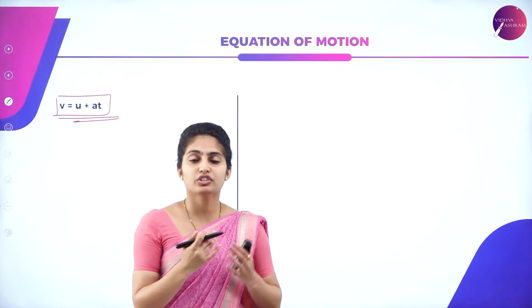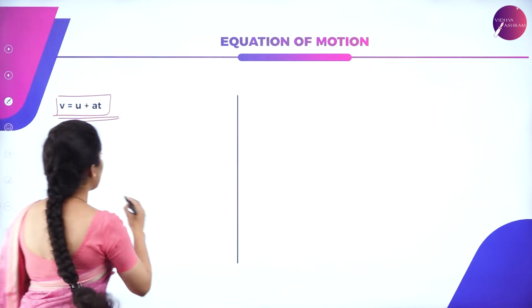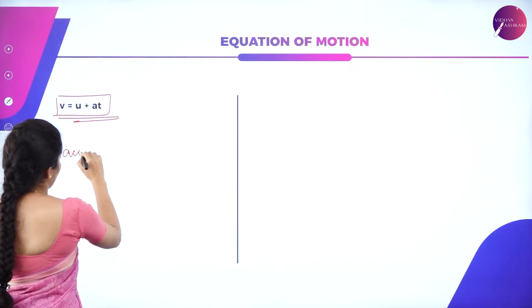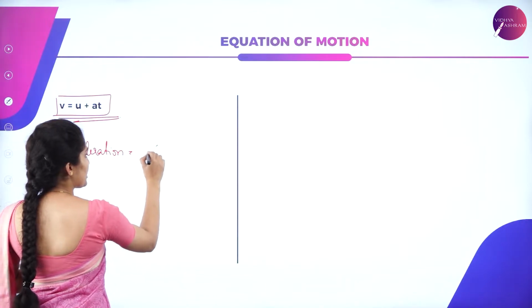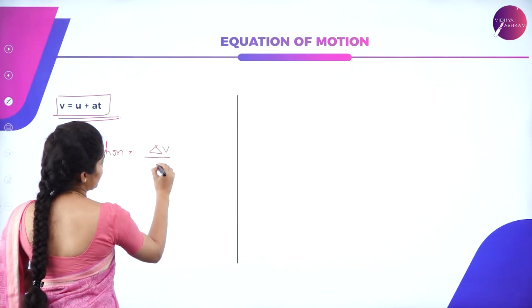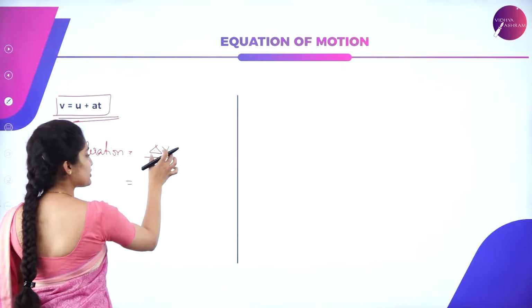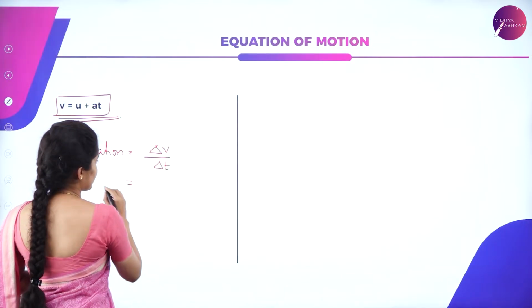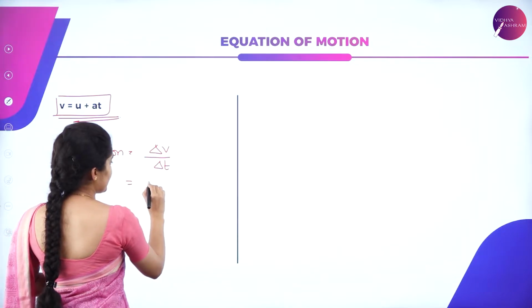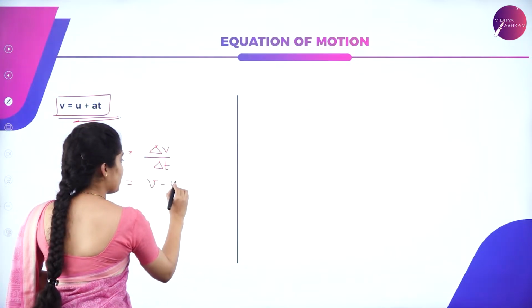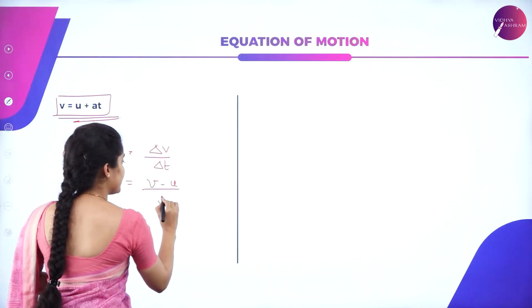So now, in order to equate this, we know that acceleration is equal to change in velocity with respect to time. So what is change in velocity? You can give acceleration as a. Change in velocity is final velocity minus initial velocity, divided by t.